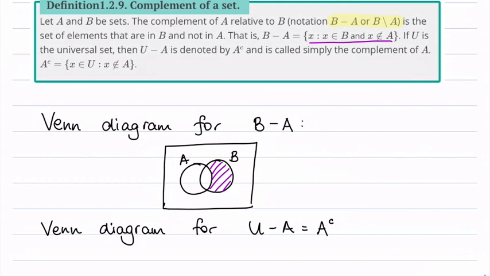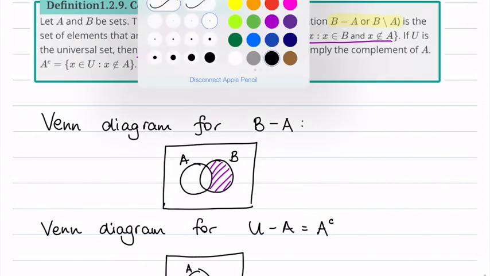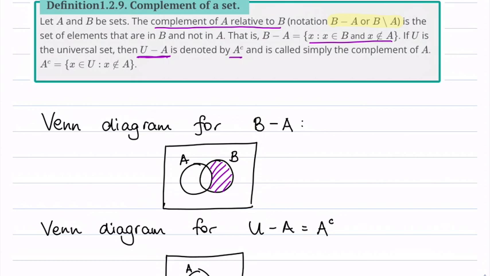In that case, instead of writing U minus A, we say A with a little c at the top, and that stands for the complement of A. So when we've got two sets, we talk about the complement of A relative to B, but if we're talking about the universal set and some set, then it's simply the complement of A. So if we want to do the sketch of that, here's our universal set, here's our set A, and the complement of A is everything that's in the universal set but that isn't in A. So it's everything else.